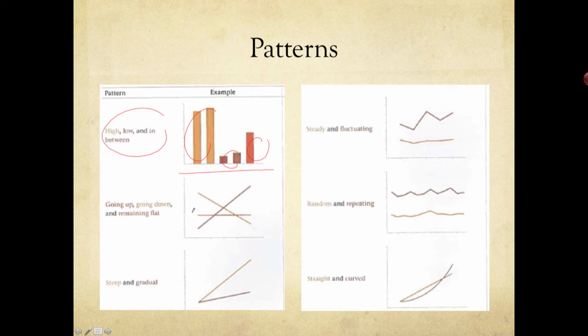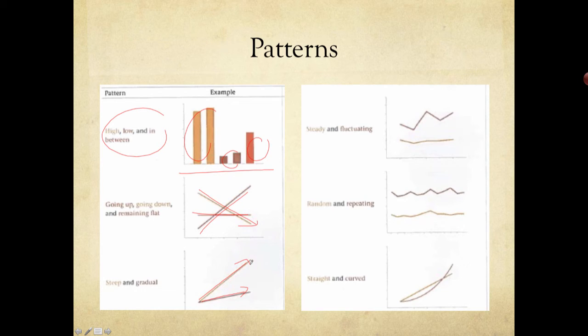The trend could be either flat, up, or going down. If it goes up or down, the rate of change might be different. It might be a slow rate that gives you a gradual, flat upward line, or the rate of change could be very rapid, then you get a steeper line.